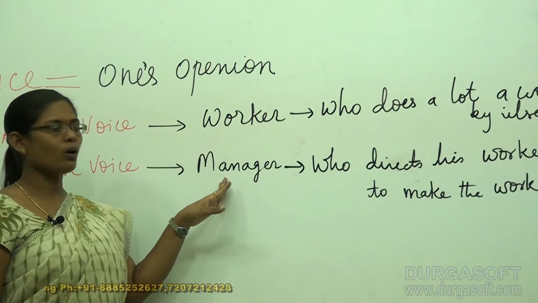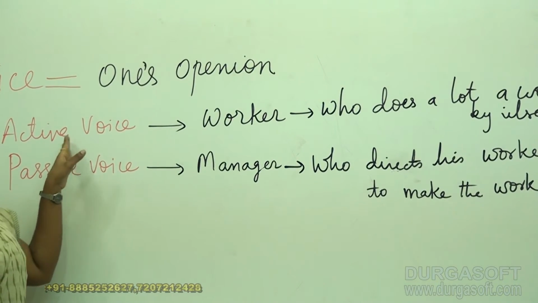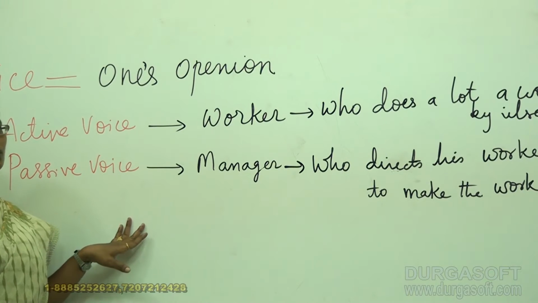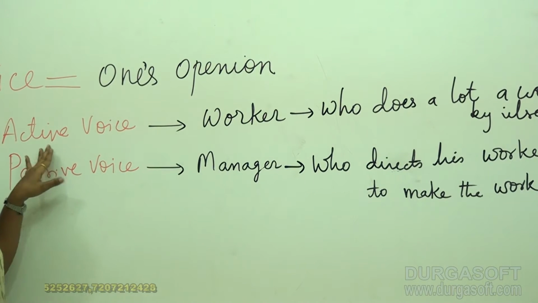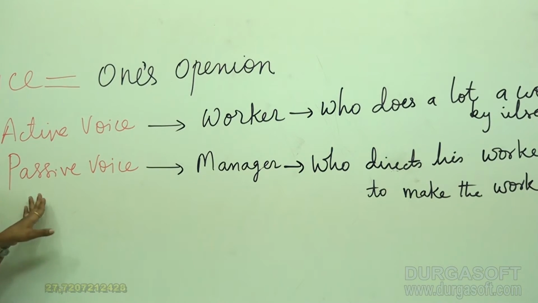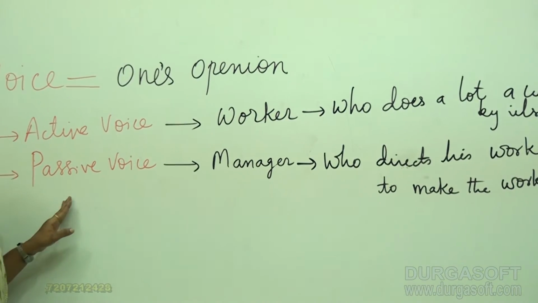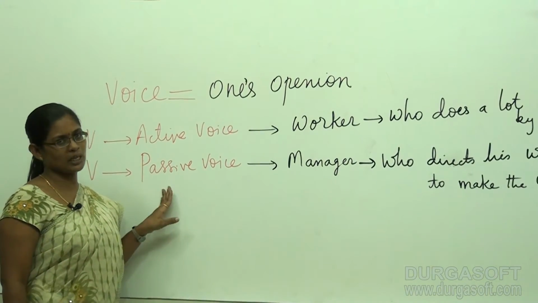So we call passive voice a manager and active voice a worker. You know why? In active voice, the main verb takes the direct action, but in passive voice, the direct action cannot be seen, but an indirect approach can be seen.